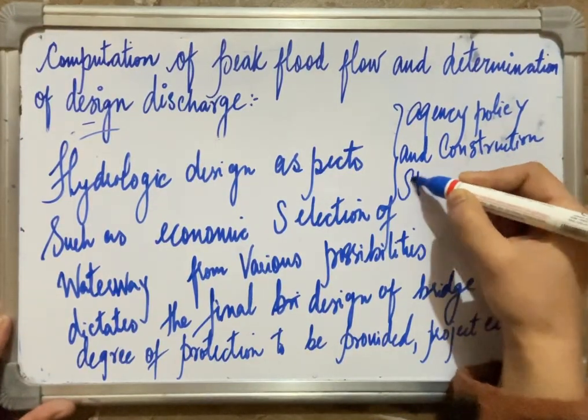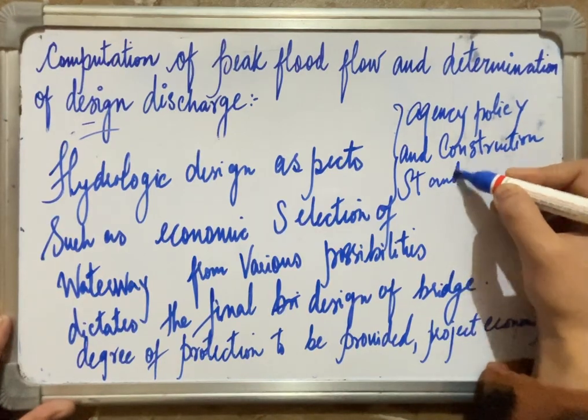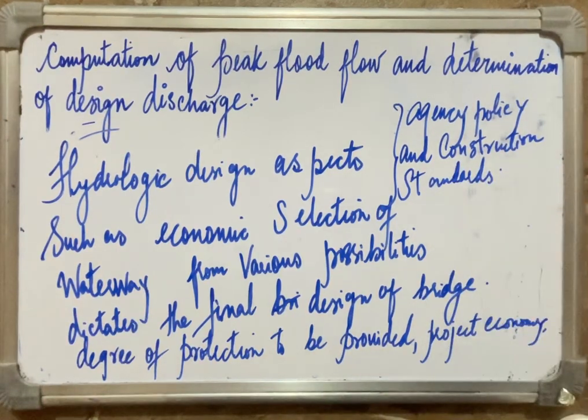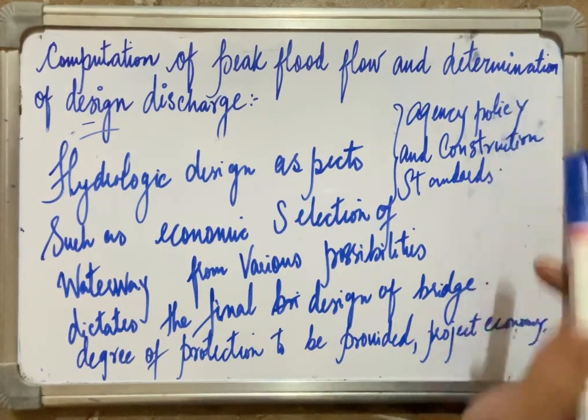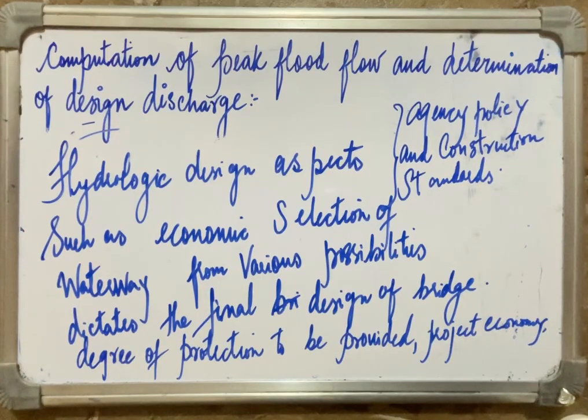The economic selection of waterway from various possibilities dictates our final design and is a function of degree of protection to be provided, project economy, agency policy, and our construction standards.